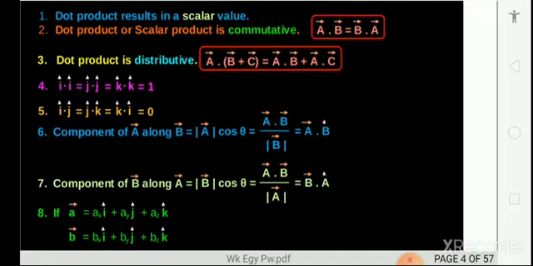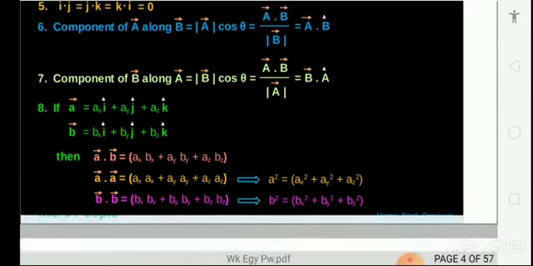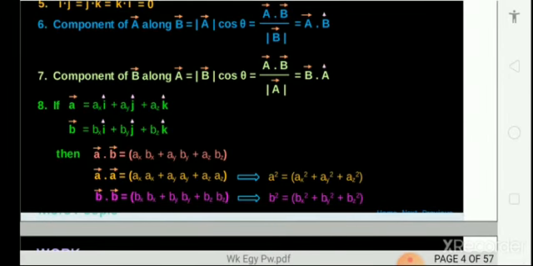Component of B vector along A will be B cos theta, A dot B upon A, that is B vector dot A cap. The other general properties: in 3 dimensions, for vectors A and B, that is Ax i cap plus Ay j cap plus Az k cap.